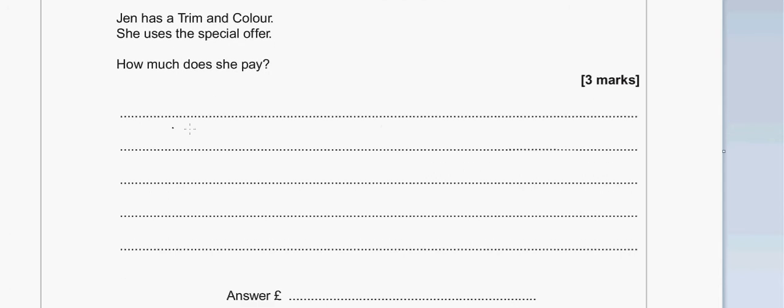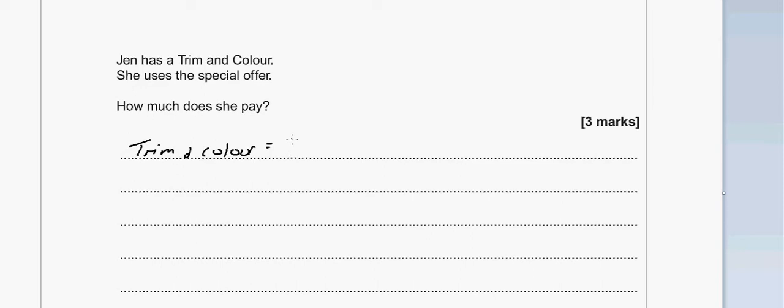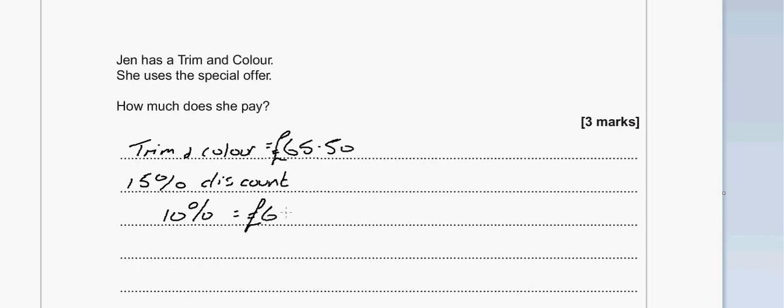Okay, so a trim and colour, the full price would be £65.50. Okay, now there's a 15% discount, so I would say that 10% is going to be 1/10 of this, so the decimal place just moves back 1, so this would be £6.55.